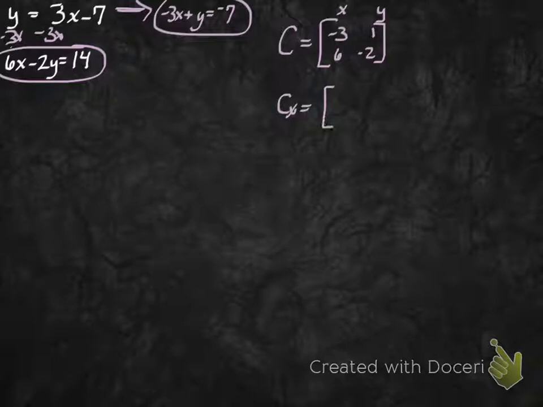I change my x values to where they are these numbers over on the right-hand side. And so that's going to be the negative 7 and 14. But I go ahead and keep my y column just like it was.